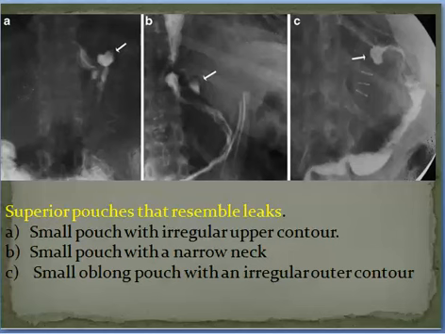So different shapes, but no extension into definite spaces, and it is at the site where the proximal end of the stomach is. So it can resemble leakage, but follow it and check for any extension into the peritoneum.